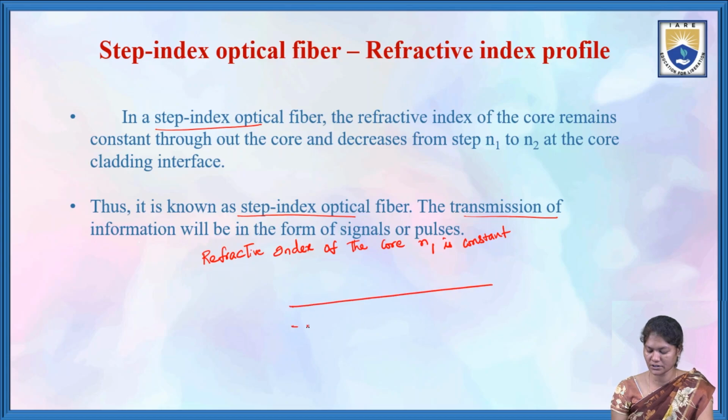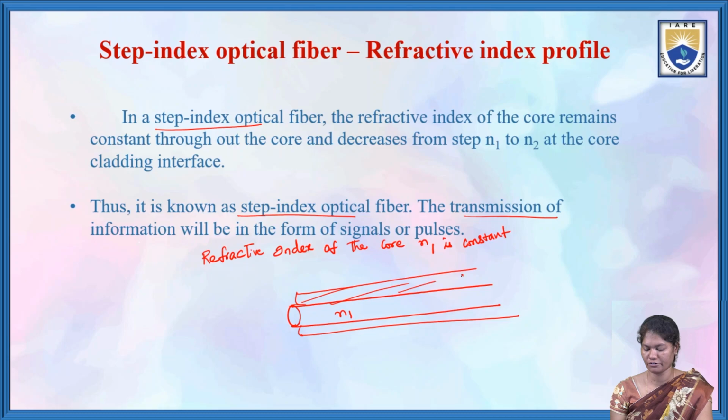So throughout this core, the refractive index N1 is constant, but it decreases at the core and cladding interface.